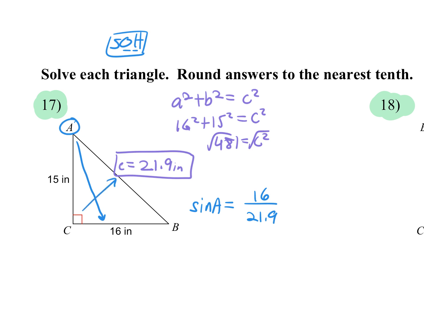All right, but that doesn't give us A, that gives us sine of A. So let's take the inverse. A equals, let's do sine inverse of that number. And then we should get A is 46.9.